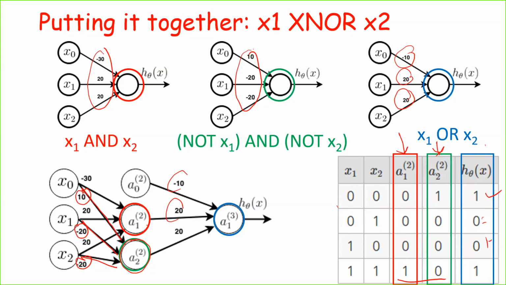How many parameters are you supposed to learn for this neural network? 3 weights are here, 3 here, total 6, plus 3, 9. With just 9 parameters, you are able to learn a very complex nonlinear hypothesis.